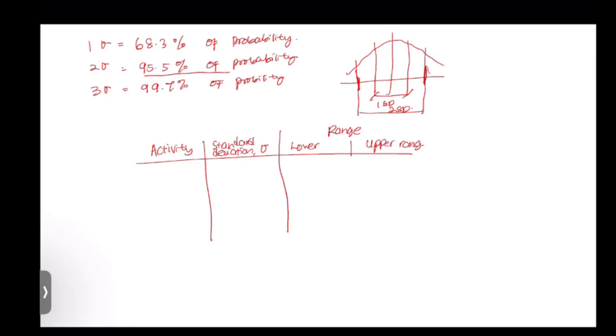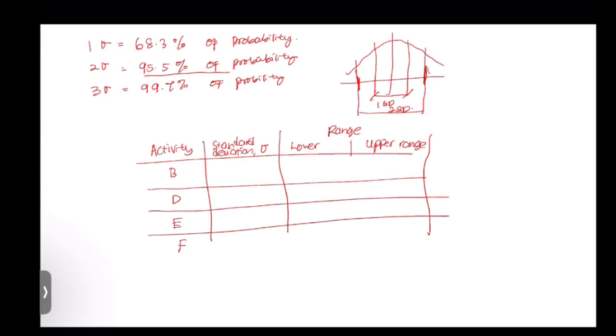Okay, so how to calculate the lower range and upper range? Okay, so we have activity B, D, E, and F. Okay, the standard deviation is 1.33. Sorry, this one is 1.0.